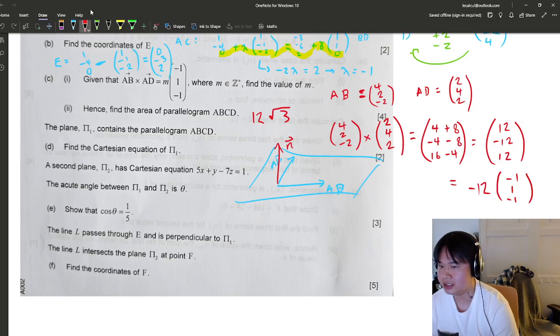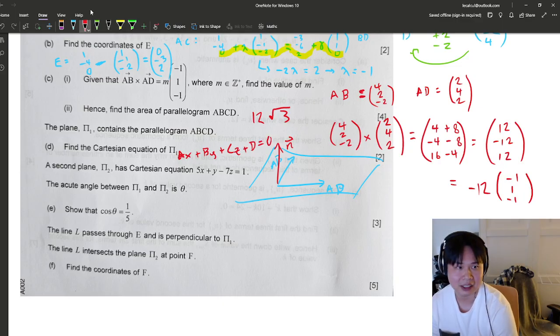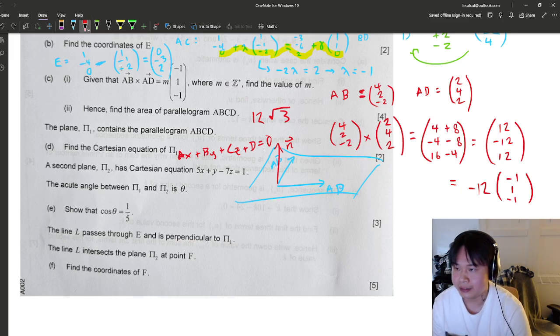Okay, so Cartesian equation of this, you know, is like ax plus by plus cz, and then d is either on the left side or the right side. I don't think it really matters. Equals 0. Okay, so we know what a, b, and c are.